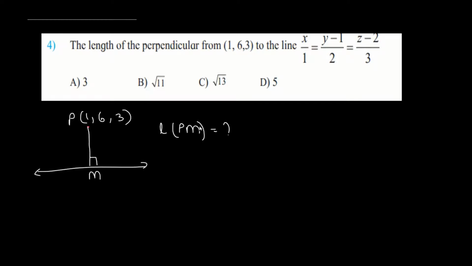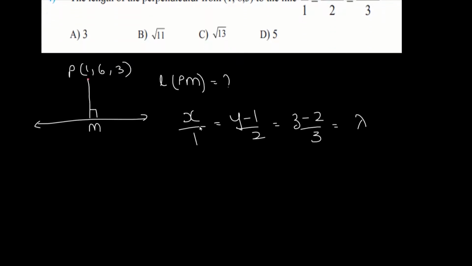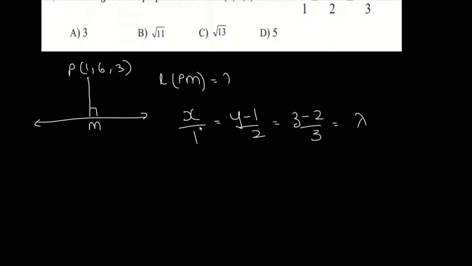Now the equation of the line is x upon 1 is equal to y minus 1 upon 2 is equal to z minus 2 upon 3. Let us take it as lambda, and therefore from here we get x is equal to lambda, y is equal to 2 lambda plus 1 and z is equal to 3 lambda plus 2.